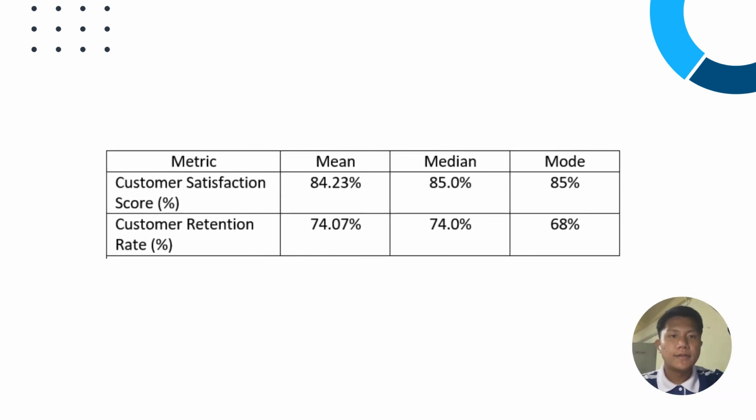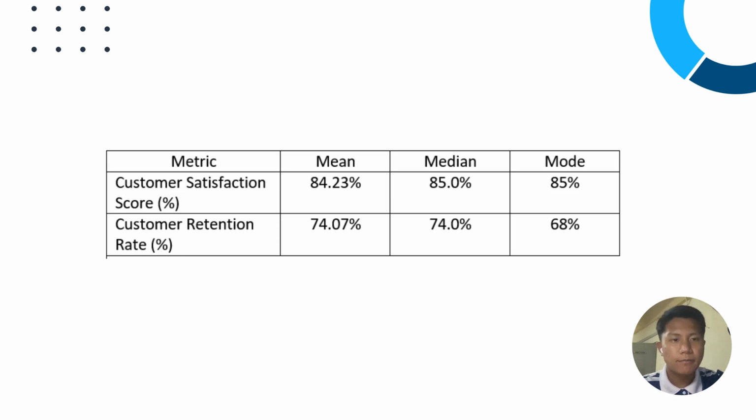So the comparison for mean, on average, customer satisfaction 84.23% is higher than customer retention 74.07%. For median, the median values also show that customer satisfaction 85% generally trends higher than retention 74%.